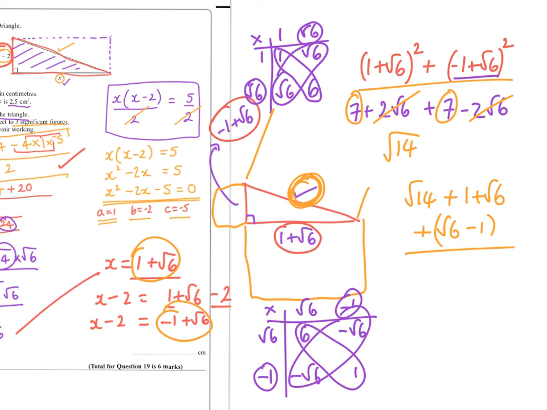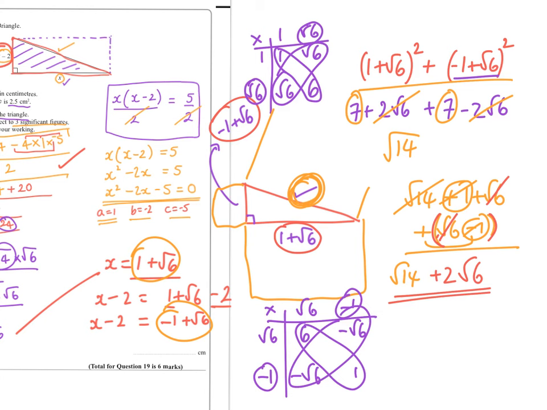So what do we have altogether? Well, we have root 14, and then we have plus 1 and then minus 1, which is 0. I didn't really need this bracket, but I just wanted to put it in a bracket so you could see where the root 6 minus 1 came from. And then I've got root 6 and another root 6 is 2 root 6. Now I can put that in my calculator and see what we get.